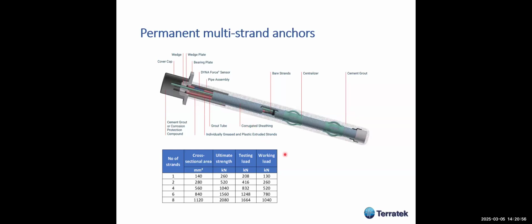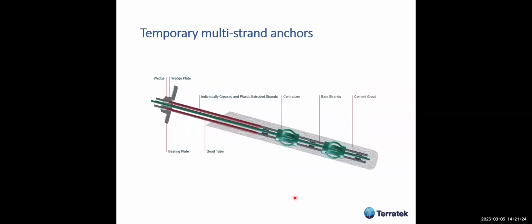So this type of multi-strand anchor could be used for permanent applications, and they have, as you see here, working loads up to 1,000 kilonewtons. So from very low with one strand up to 8 strands, going up to 1,000 kilonewtons.